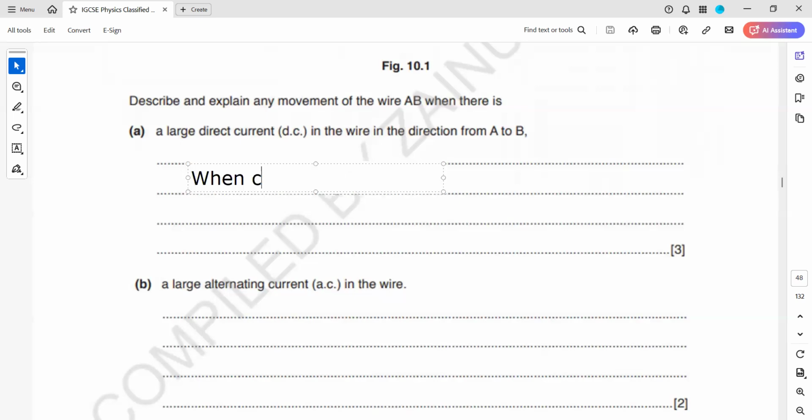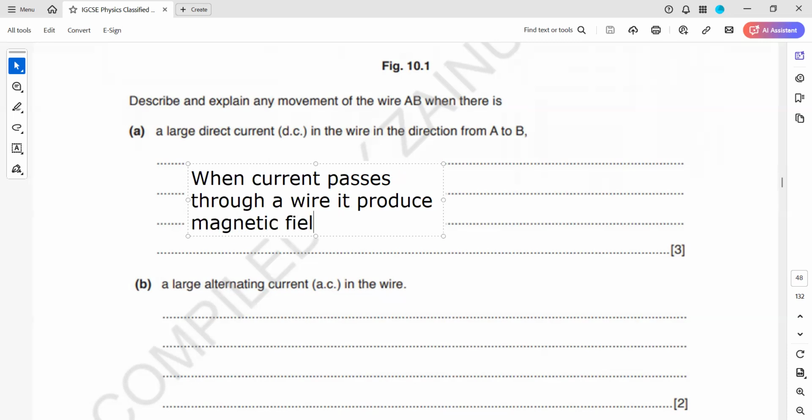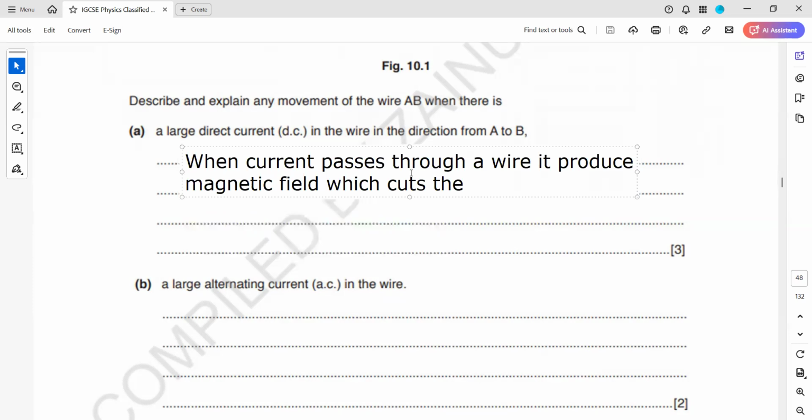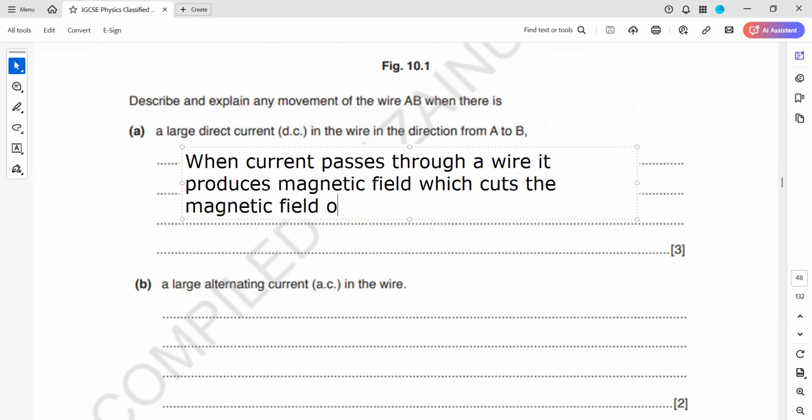When a current passes through a wire, it produces a magnetic field which cuts the magnetic field of the magnet and experiences a force upward. You can use certain terminology like potential difference, PD.